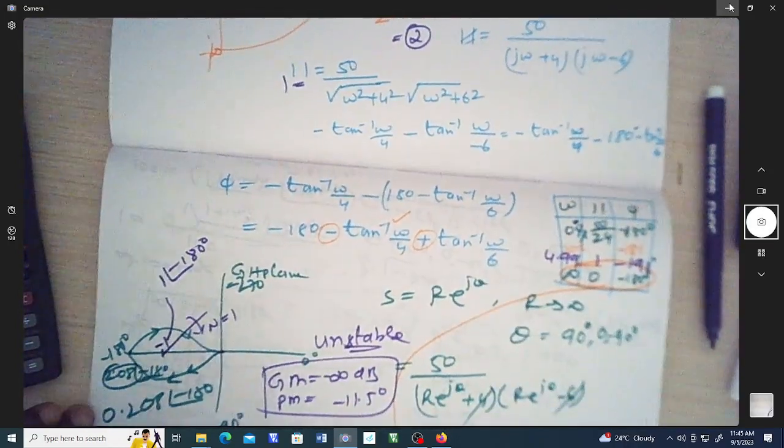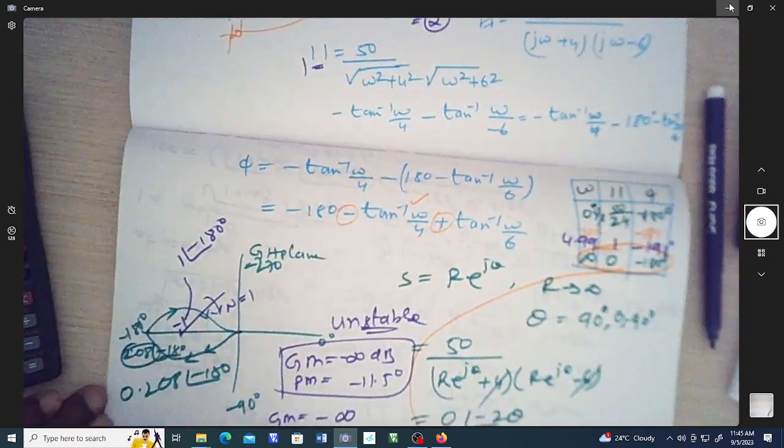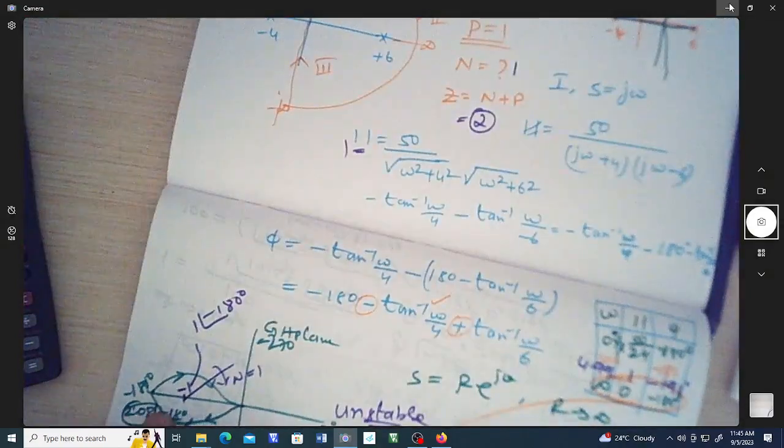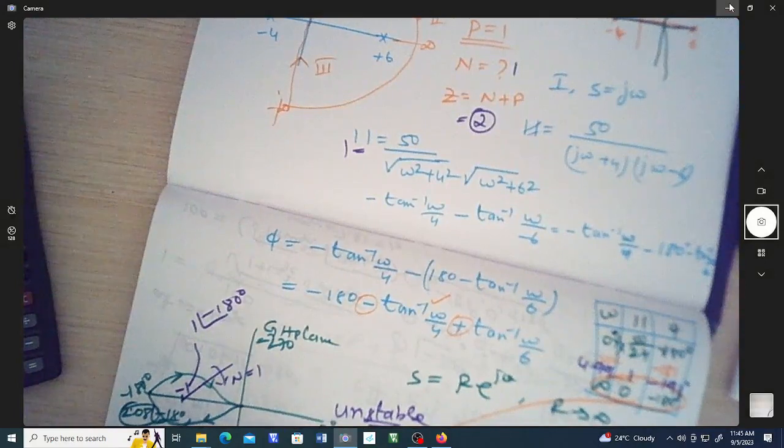So then minus 1 will come outside, so n is 0 since it is not encircling. Instead of 2.08, this becomes 0.208, then it's not encircling, n is 0, p is already 1, so z becomes 1.